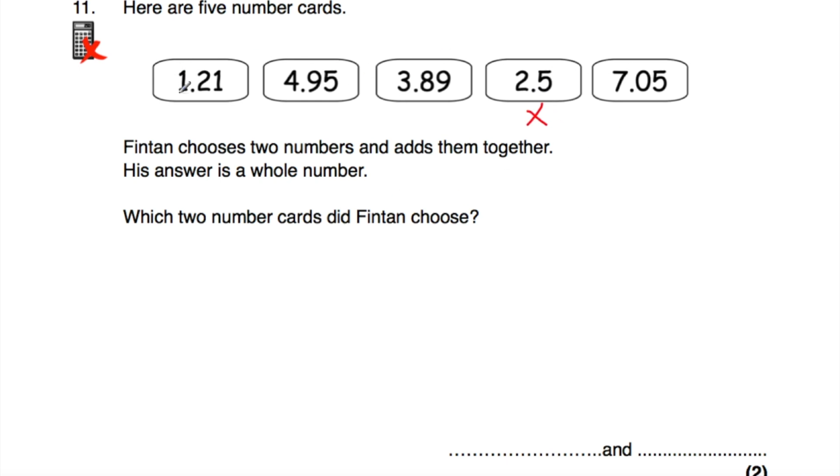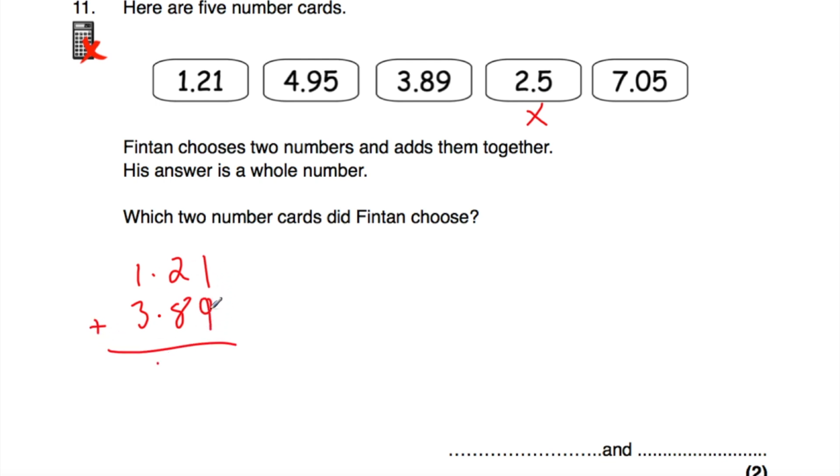Okay, next, let's have a look at 1.21. Well, it's not going to be 4.95. 3.89, well, we've got the 1 and the 9. Perhaps they might add together to give us a whole number. Now, actually thinking about it, if we have 0.89 and 0.21, they would actually add together to be 1.1. But let's just add them together and show you that if we had 1.21 and 3.89, they're not going to add together to give us a whole number.